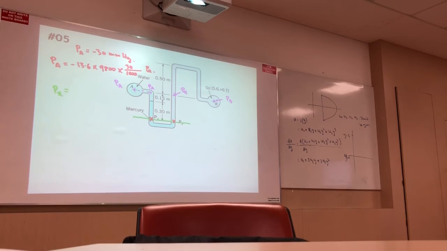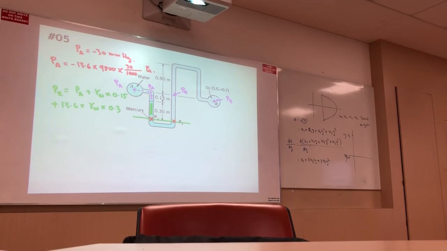Px becomes PA plus gamma of water times 0.15 plus mercury, 13.6 times gamma of water times 0.3. Correct? Because this fluid is mercury, this fluid is water.